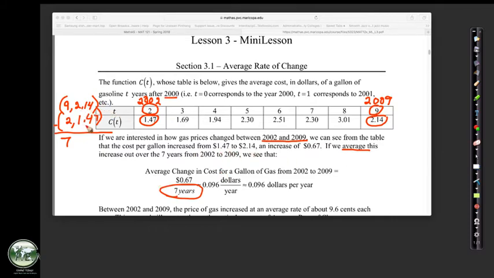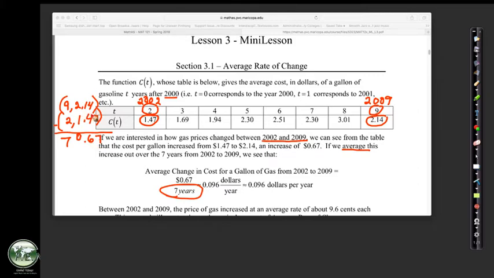And then 2.14 minus 1.47. Let's see if I can get that in my head. I got 0.67.